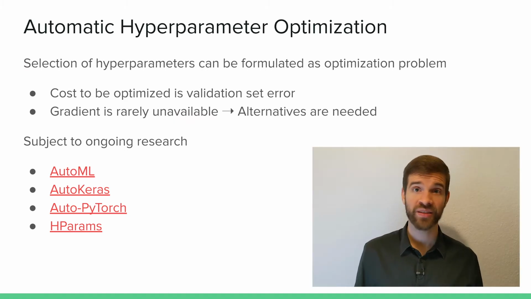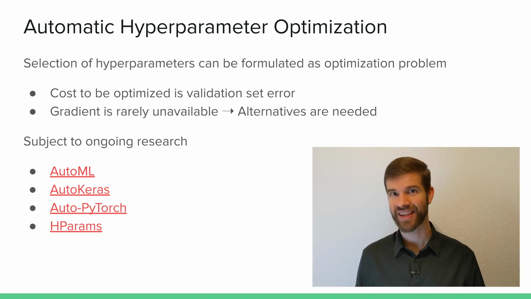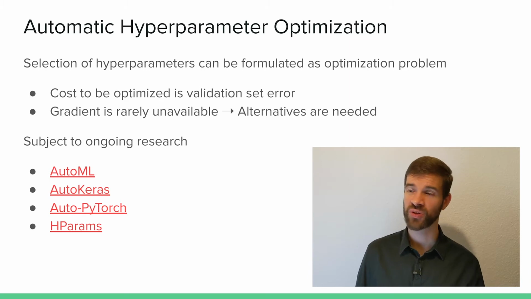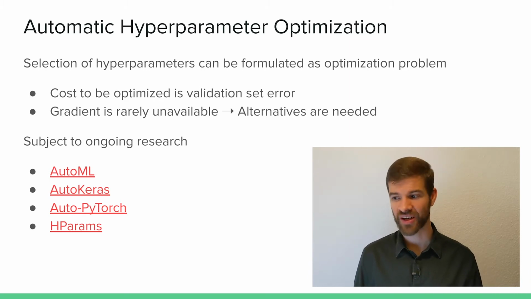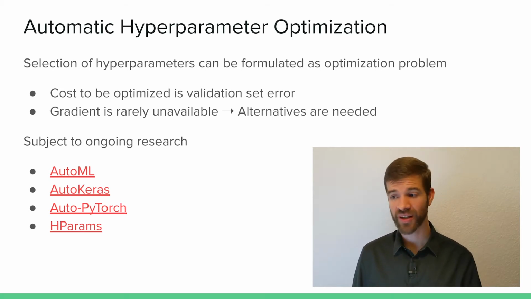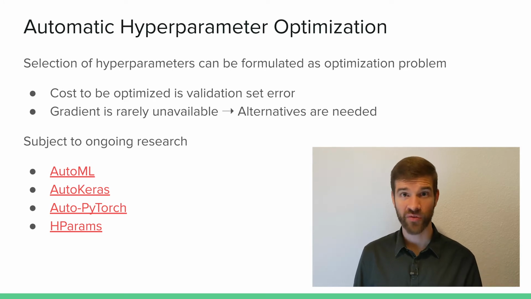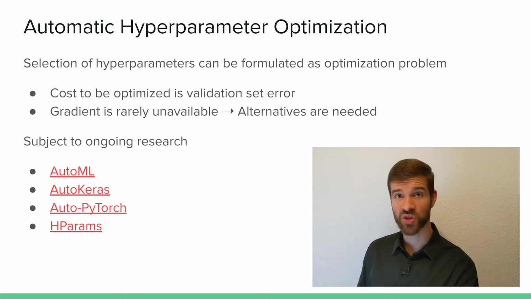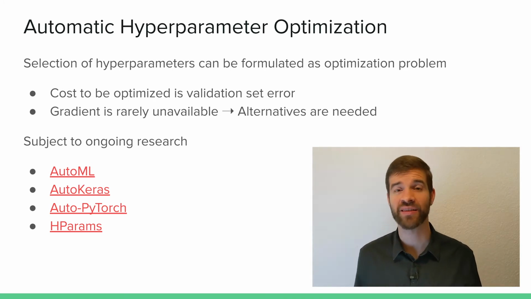You can also automate this process, but as I said before, if you want to do this, it becomes computationally expensive. But how you can do this is that you actually formulate the finding of hyperparameters as an optimization problem. And think about it, it makes sense.